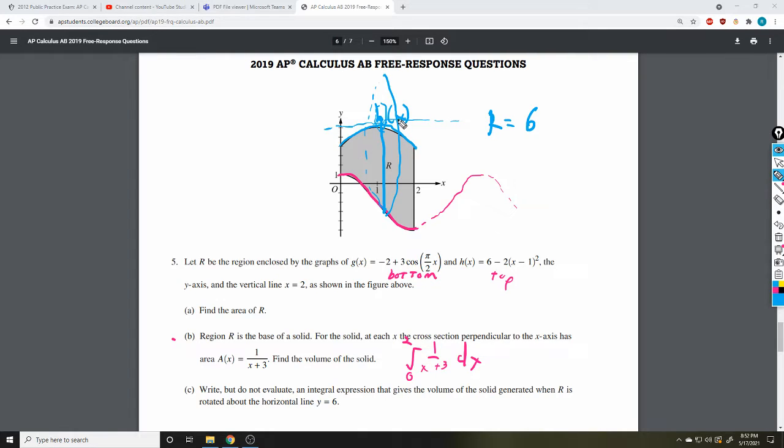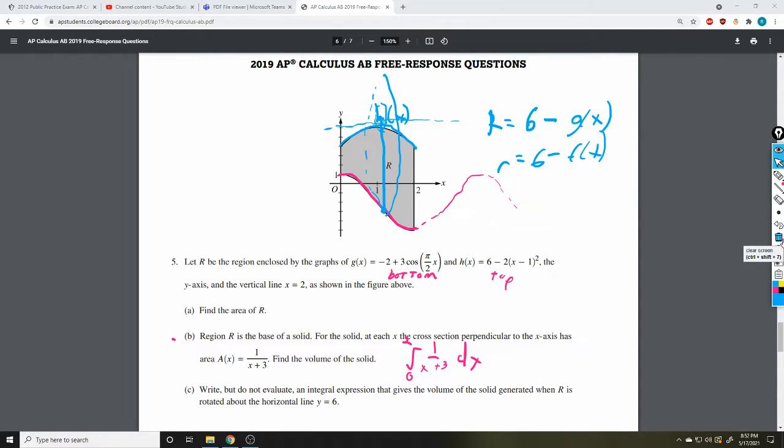That's where my distance starts. And then I want to subtract the bottom curve, which is the cosine function, so g of x. And then I can do the same thing for little r. Top curve is 6. Bottom curve is the parabola, so f of x. So that's the structure of our revolving around y equals 6.